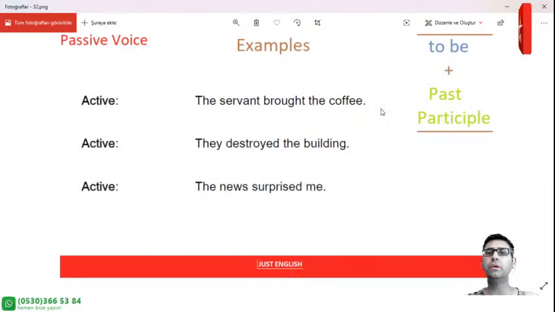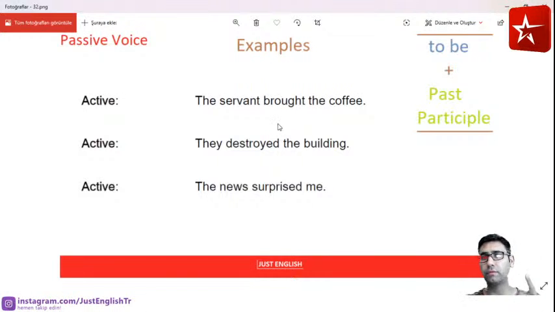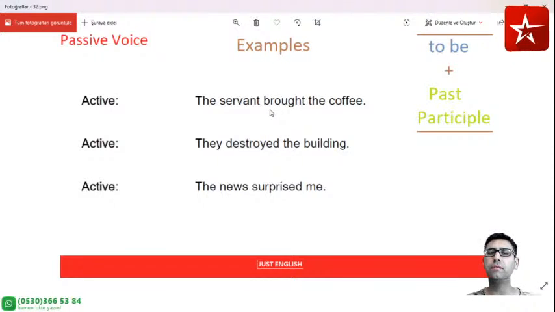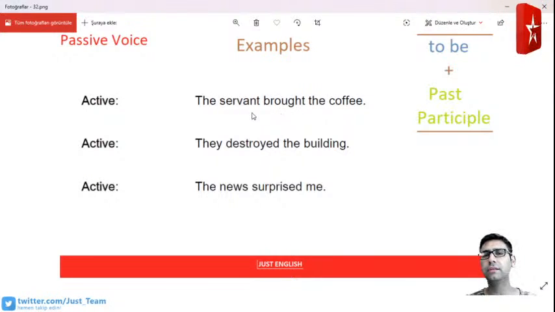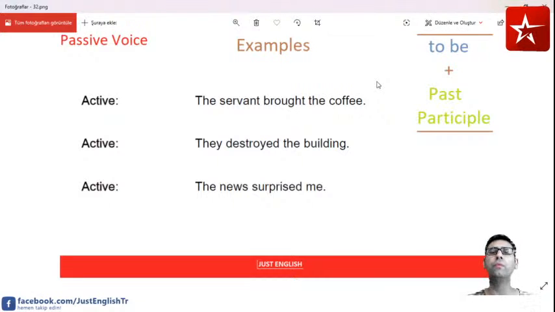So remember, how are we going to do this? We need the correct version of to be, and we need the verb 3 version of this verb. As I can see here, the servant brought the coffee is past simple. So when it comes to past simple, I'm going to use was or were.